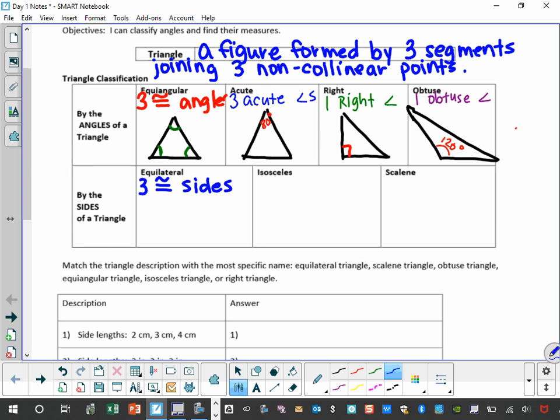Equilateral, we're talking about our sides. So let's draw our triangle. If I have 3 equal sides, I'm going to have these hash marks that tell me they're all the same.